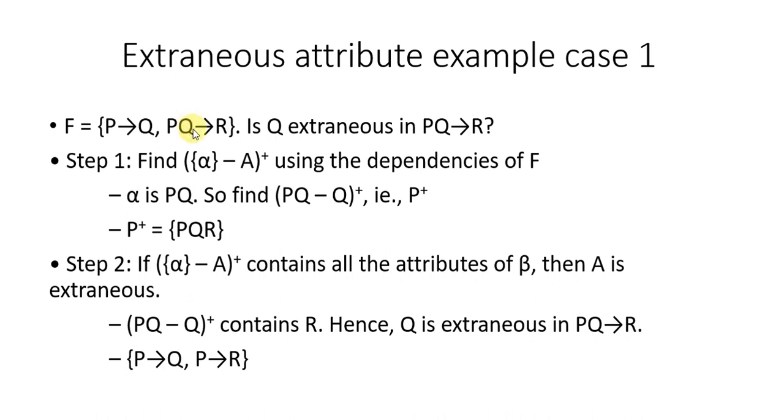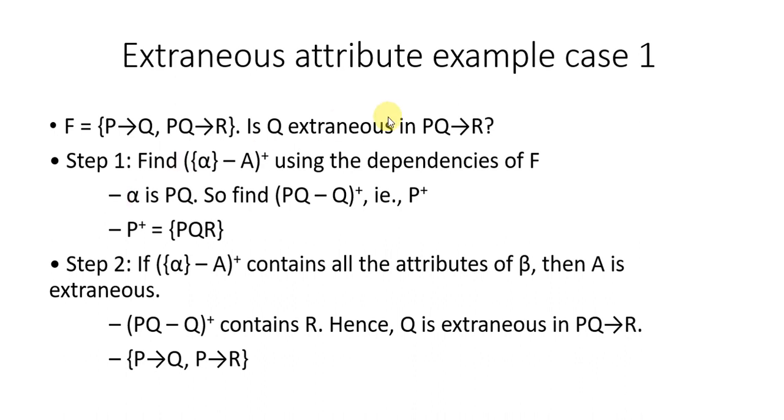So step 1 is, according to the algorithm, find alpha minus A closure using the dependencies of F. And here what is alpha? We are considering this functional dependency, PQ to R. So here alpha is PQ. So find PQ minus Q closure.